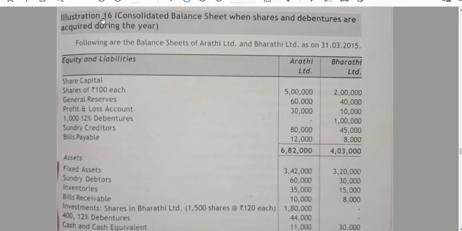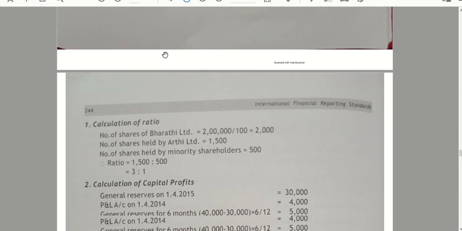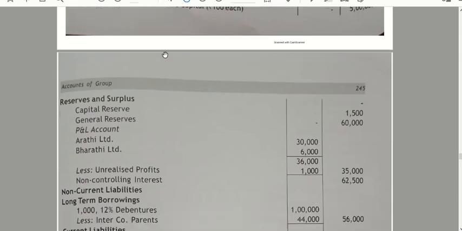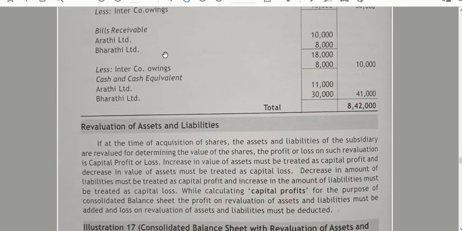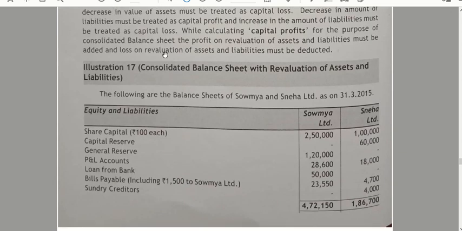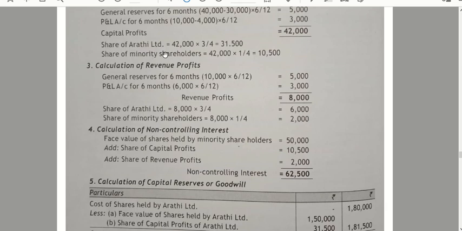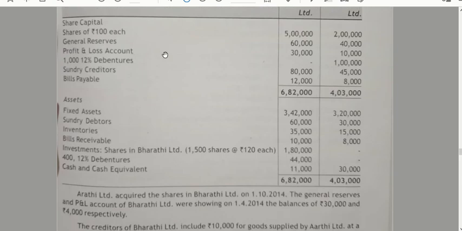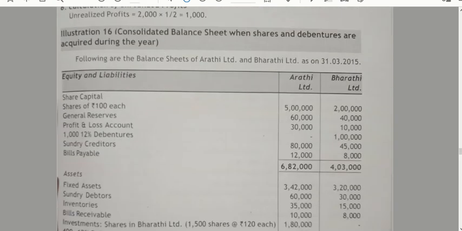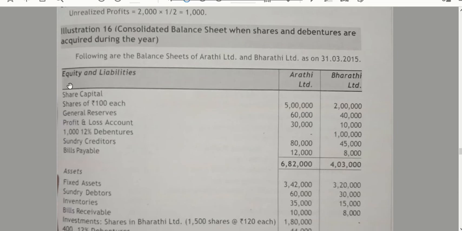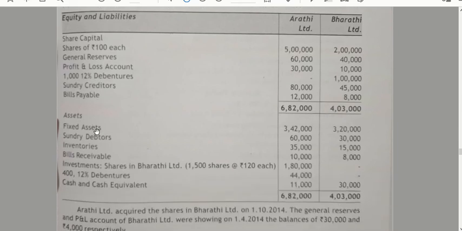So moving on to our next sum. From the following balance sheets of Aarti Limited and Bharati Limited, you're supposed to prepare the consolidated financial statements.